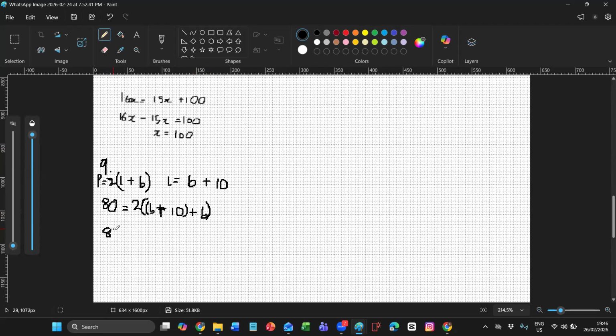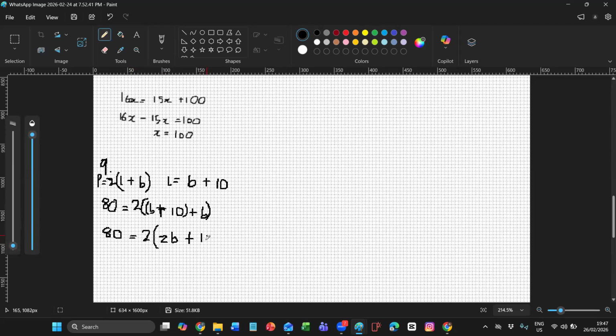80 equals 2 times (3B plus 10)? Inside the bracket, it's 2B plus B, which is 3B, plus 10. Yes.